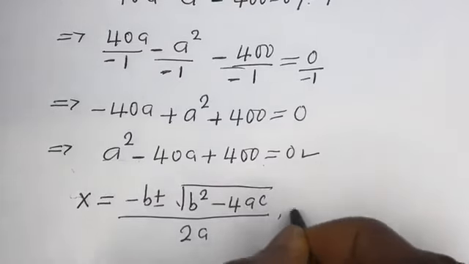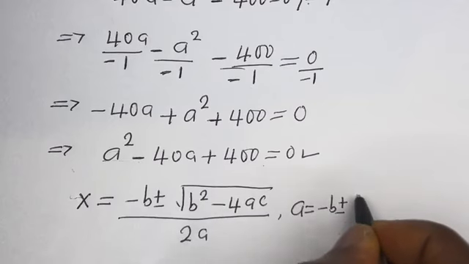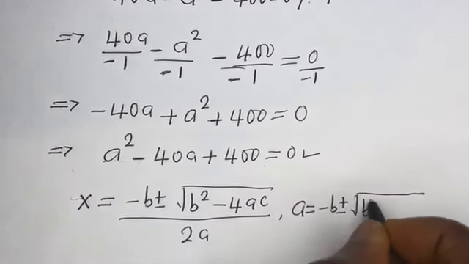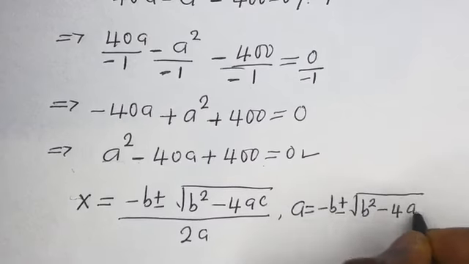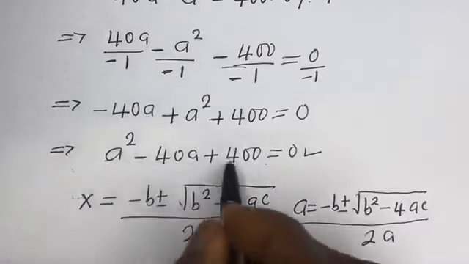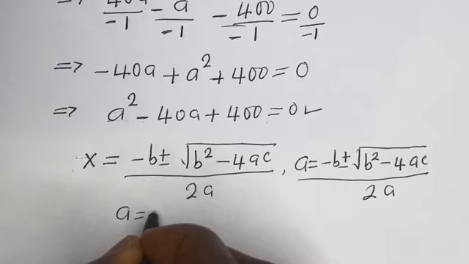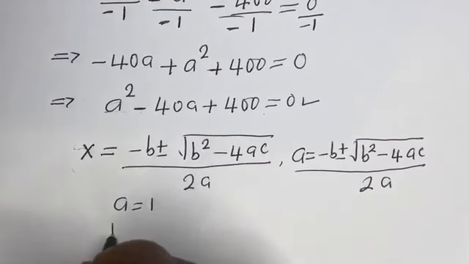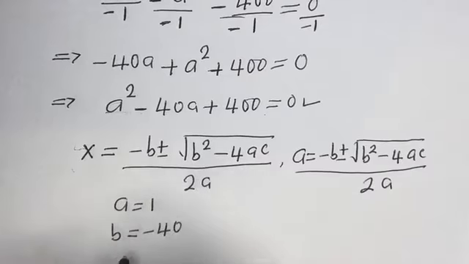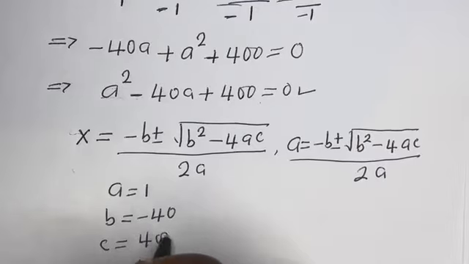Now, a is equal to minus b plus or minus square root of b square minus 4ac over 2a. And from this equation, a is equal to 1, b is equal to minus 40, then c is equal to 400.